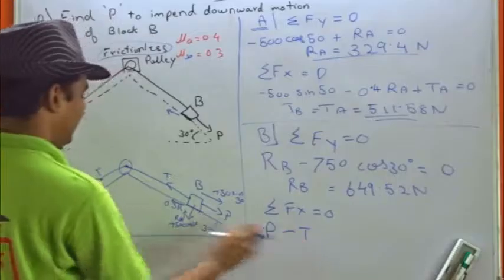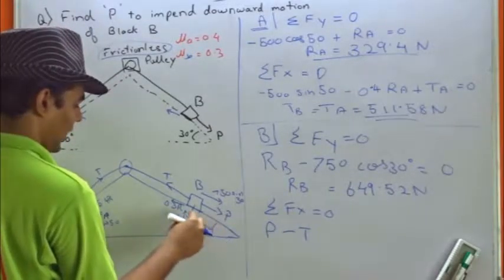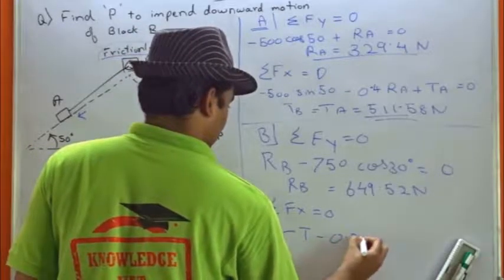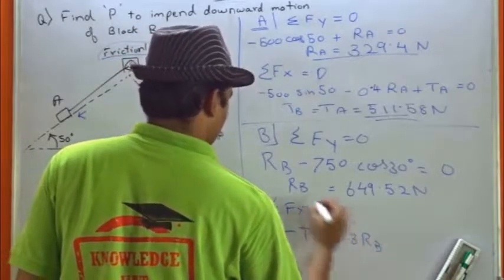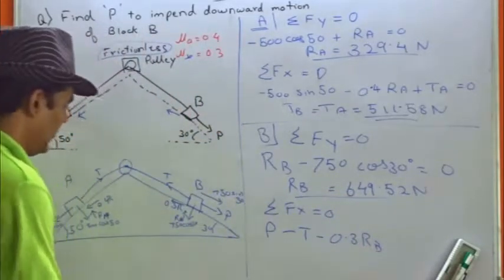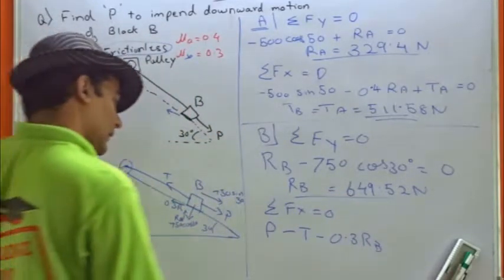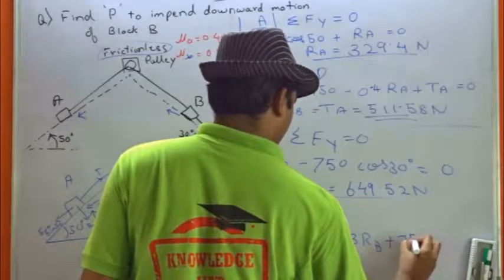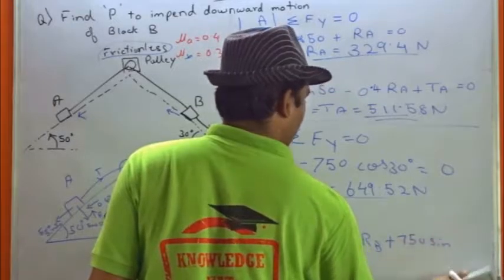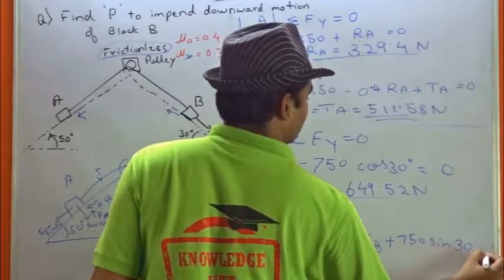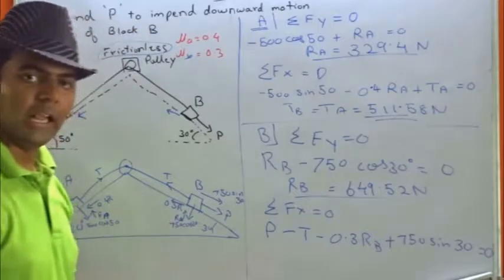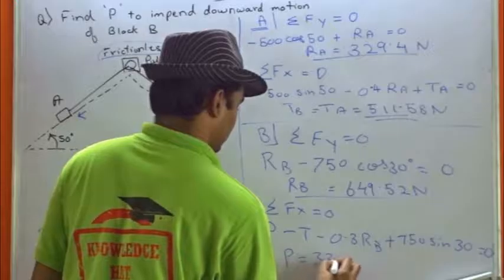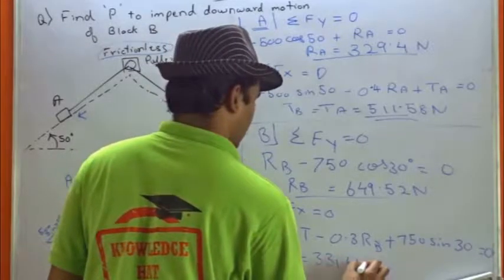So P, T, now 0.3 R, which is the frictional force which will act in negative direction, so this is minus 0.3 RB, and RB is also calculated. And plus the horizontal component of weight, which is plus 750 sine of 30 degrees, and we equate this to 0. So this will help us to find the force P, 331.44.